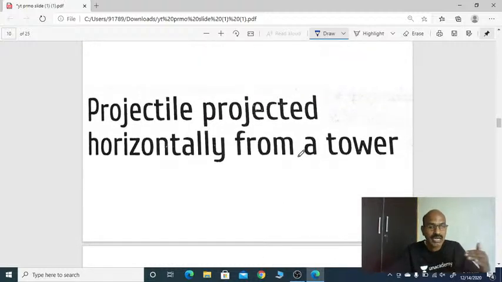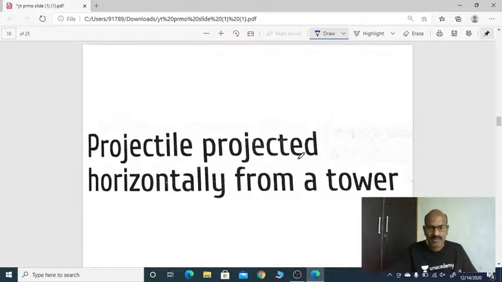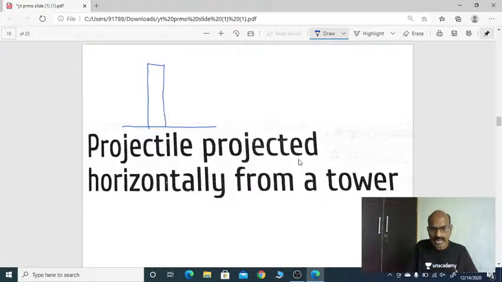First, horizontal projectile motion. Keep in mind, whenever we are projecting from a certain height, say a tower of height h, two bodies are projected horizontally from the tower. The first body is projected with a velocity of 7 meter per second.